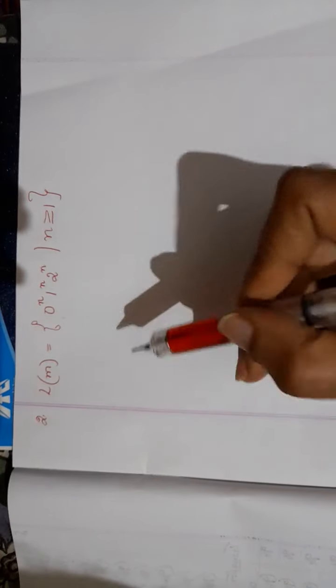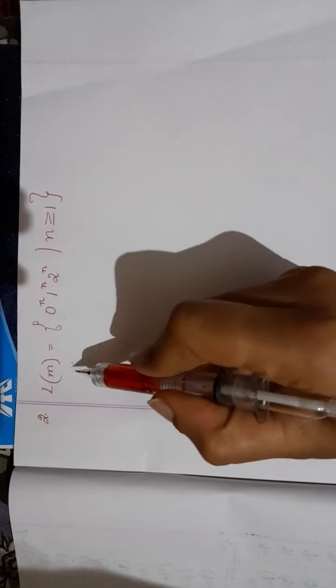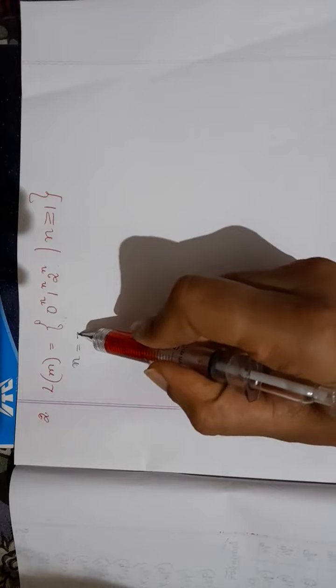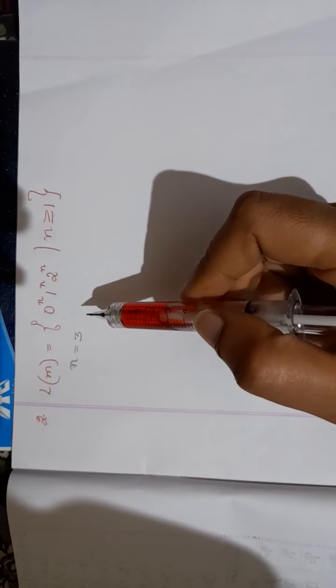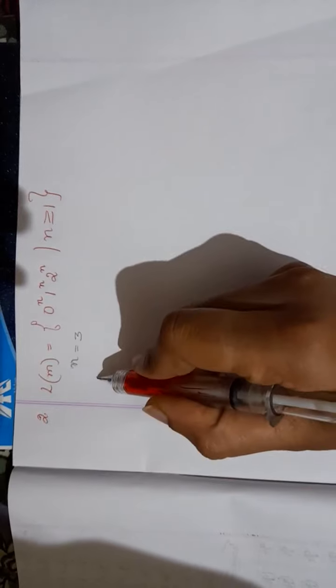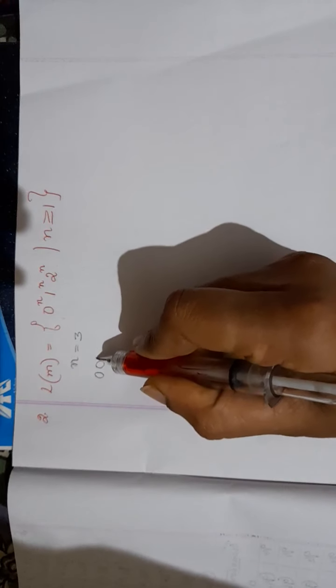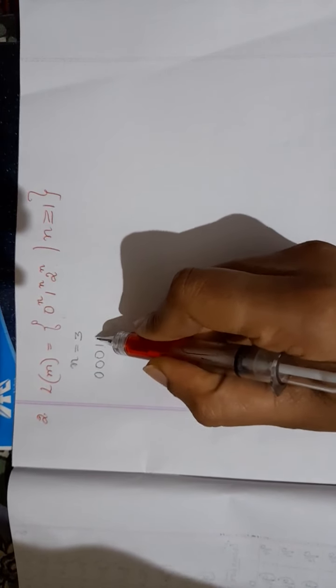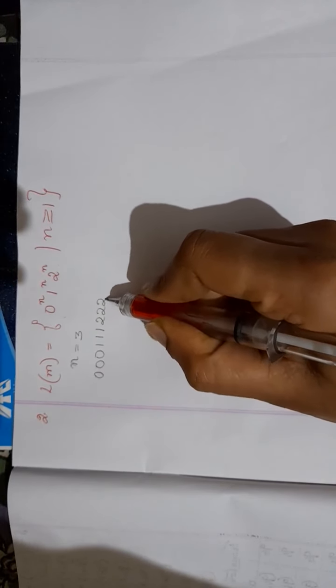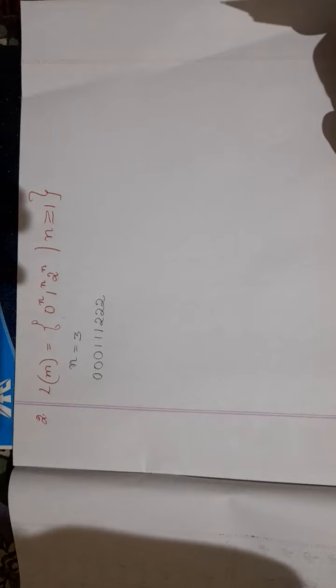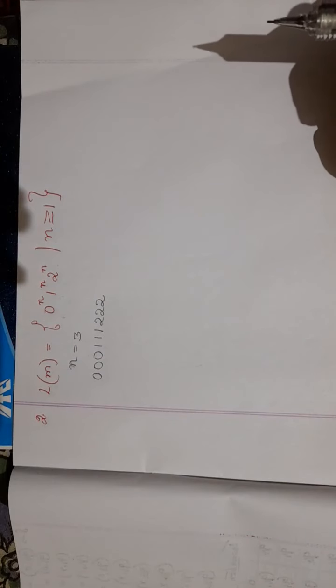In this example, I'll consider the value of n as 3. So it will be 0 to the power of 3, 1 to the power of 3 and then 2 to the power of 3. So it will be 0, 0, 0, 1, 1, 1, 2, 2 and then 2. This is the example that I have considered.